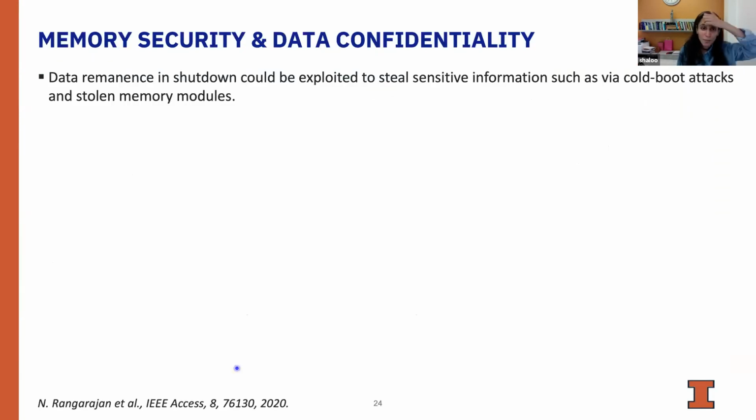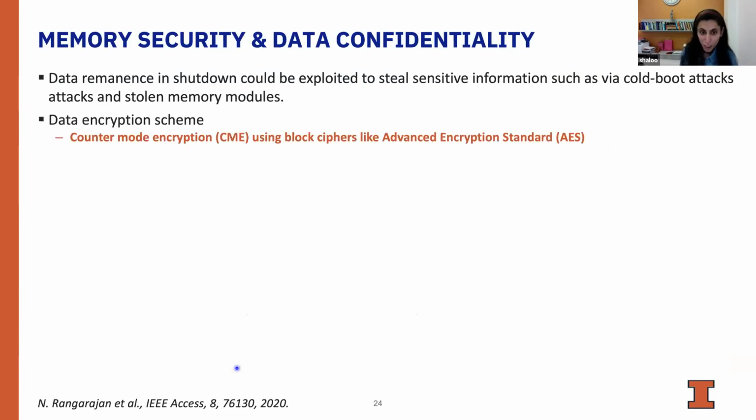Anyway, so memory security. Why am I talking about memory security? There has been a lot of work going on in security, because these are non-volatile memories. So there is data remanence, and that poses a threat to data confidentiality, because someone could come and just launch a cold boot attack or steal your memory module. And so people have been working on these encryption schemes, and one of them is this counter mode encryption.